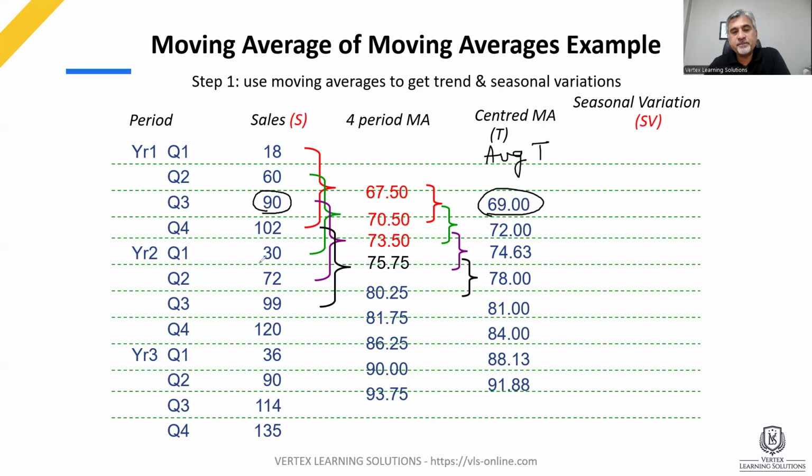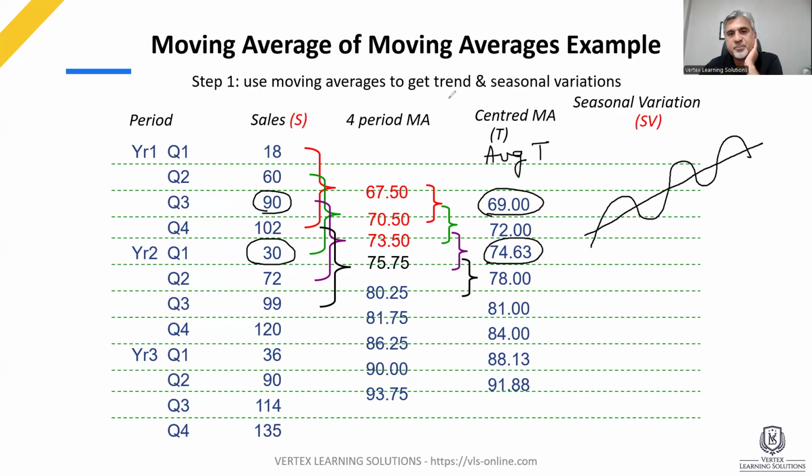If you see this one, 30 is the actual number, but the trend is more. Why is it more? It looks like these are the actual data for quarters 1, 2, 3, and this is the trend line.